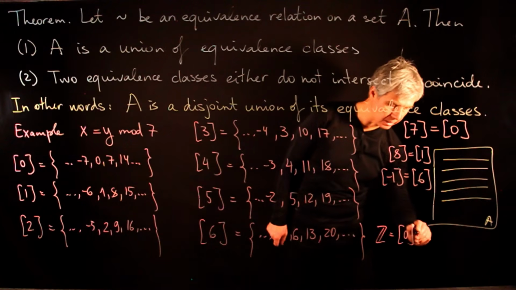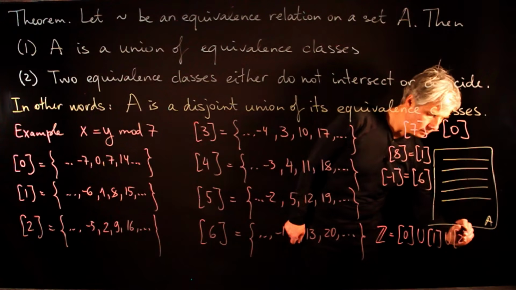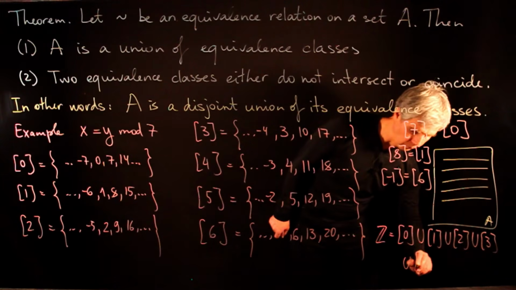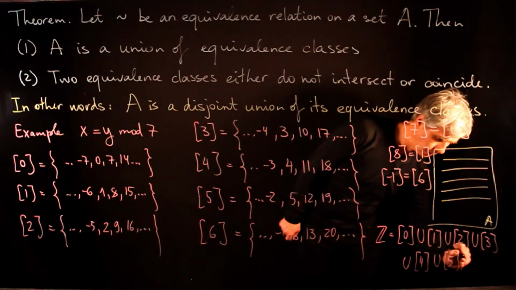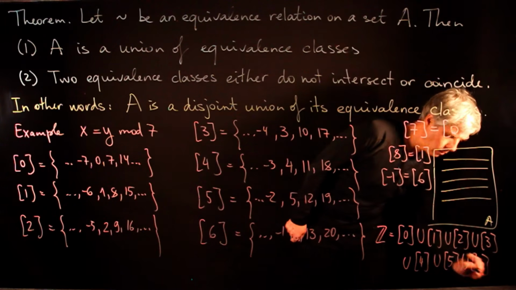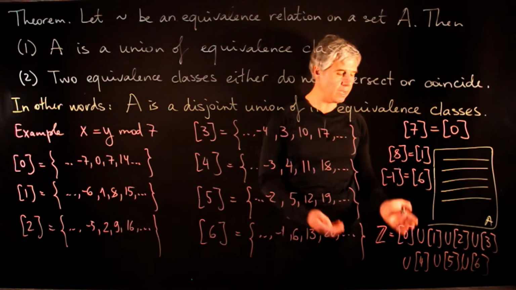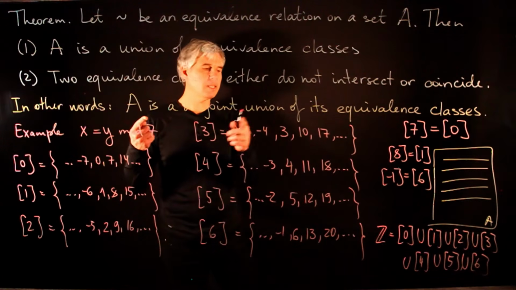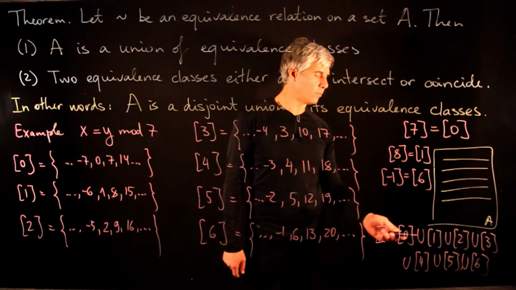So if we take the equivalence class of 0, equivalence class of 1, 2, 3, 4, 5, and 6, then these 7 equivalence classes together completely cover the set of integers. So the set of integers is a disjoint union of these 7 equivalence classes.